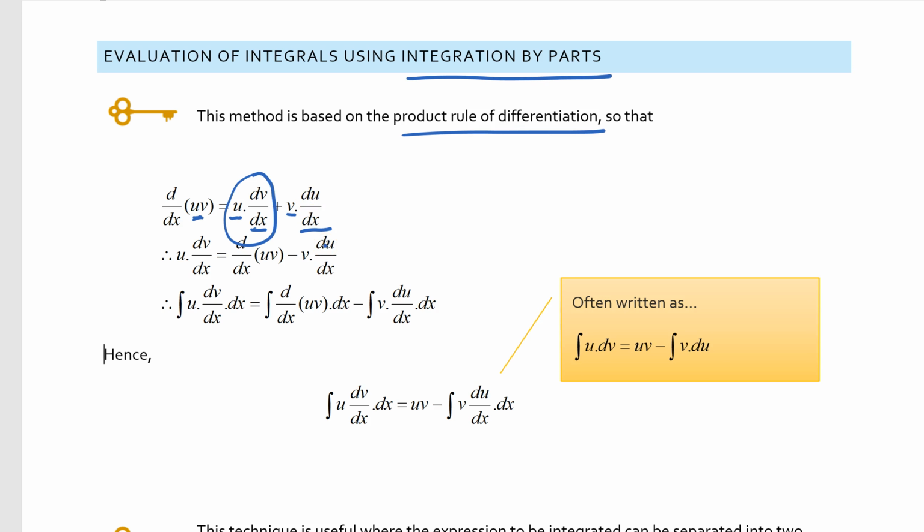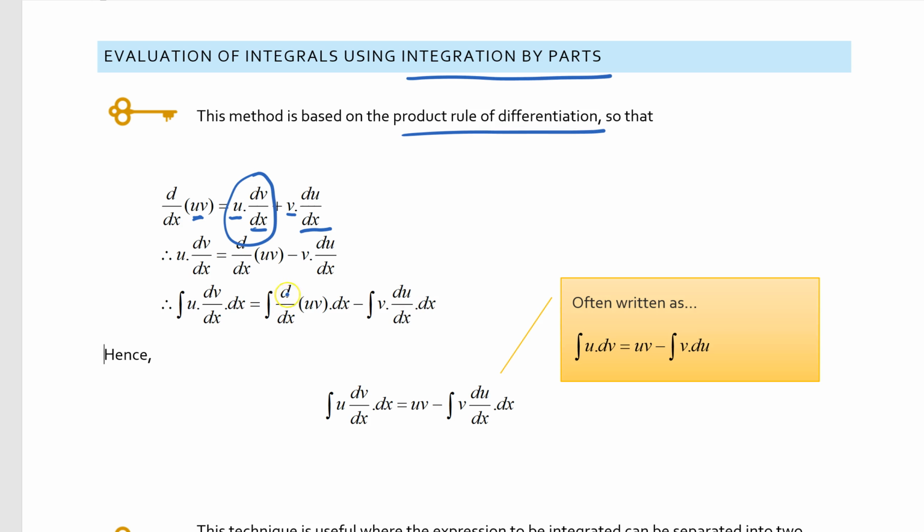We're then going to integrate right through all terms on both sides of the equation. So the integral of u dv/dx with respect to x equals the integral of d/dx of uv with respect to x minus the integral of v du/dx with respect to x.